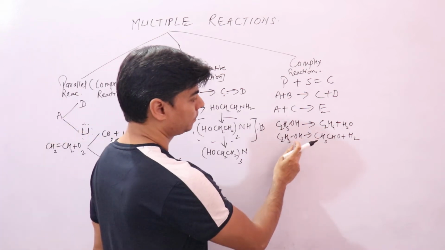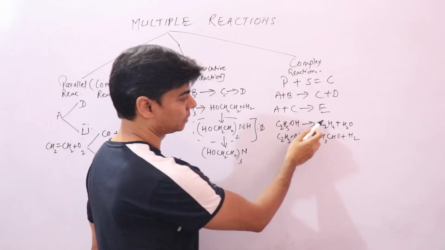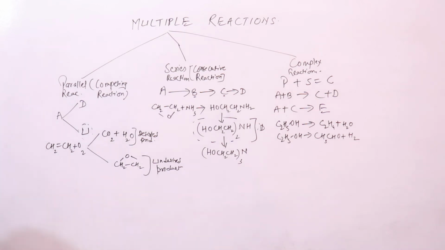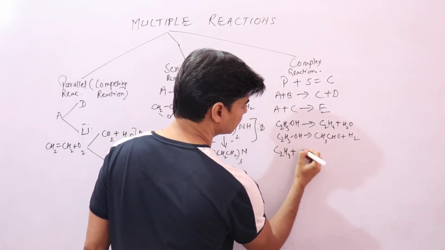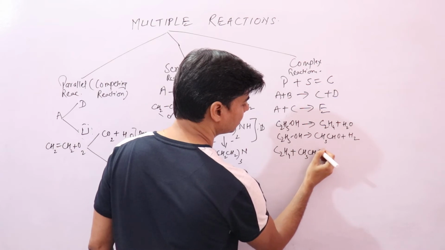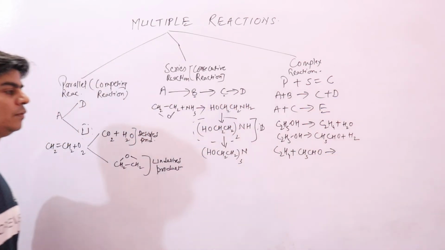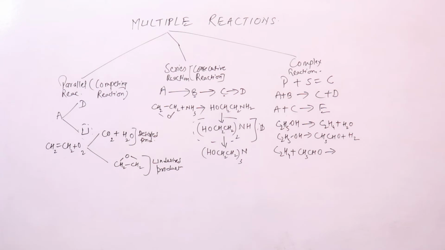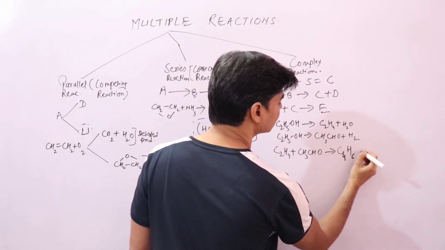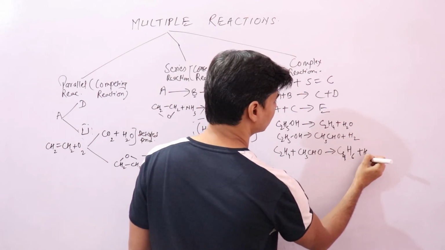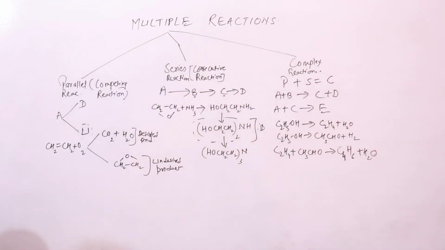Now these two will react to give you butadiene. Ethylene plus acetaldehyde will react to give you butadiene, C4H6, plus water, right? I hope this is clear.